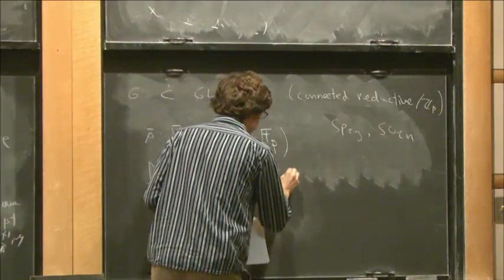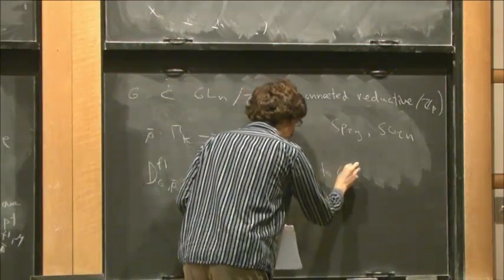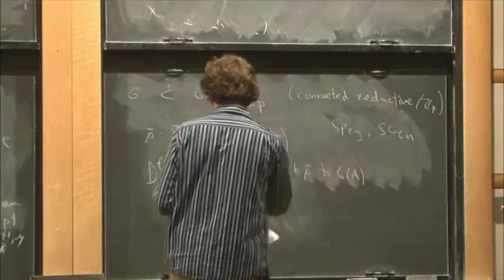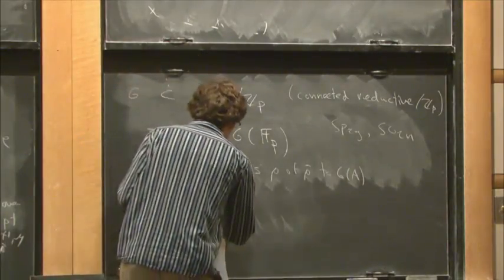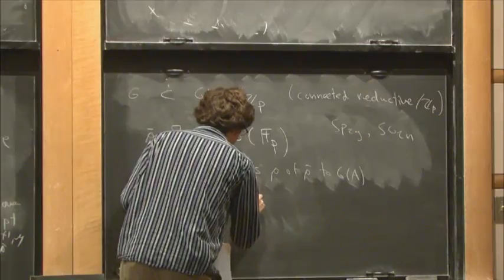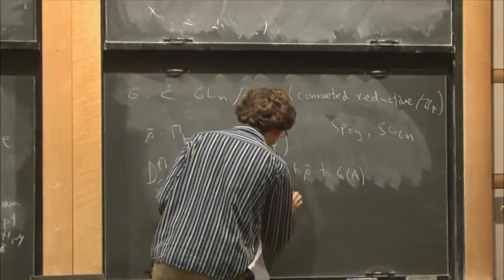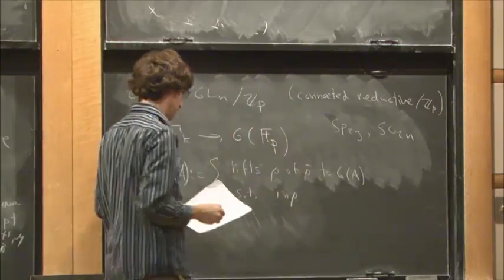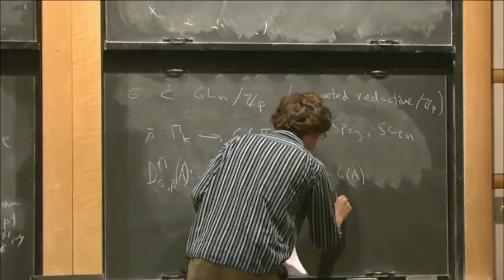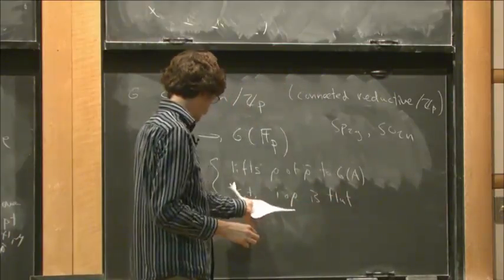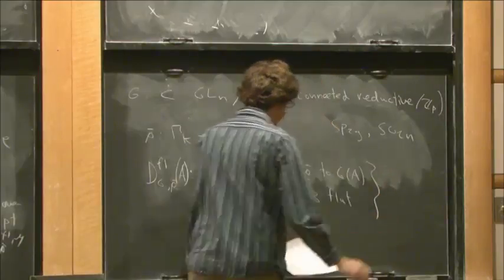We're going to consider lifts of rho bar to G of A, such that, since this flat condition only makes sense for GL_N-valued representations, the lifts are those whose composition with that faithful representation is flat.